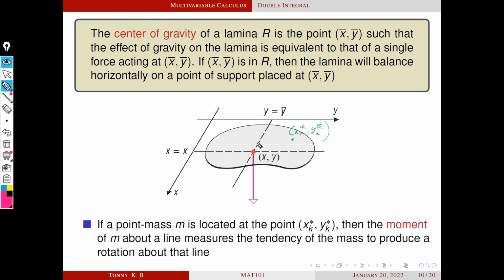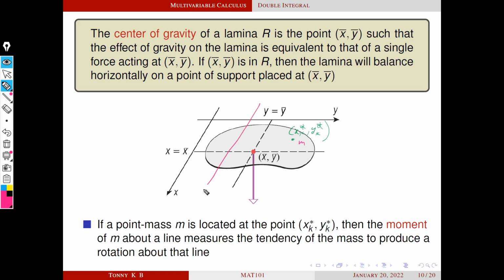Okay, next we are going to define the moment. Suppose there is a point mass m at this point. The moment of m about a line measures the tendency of the mass to produce a rotation about the line.